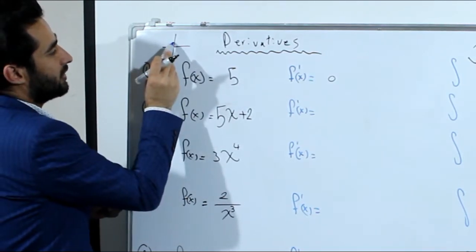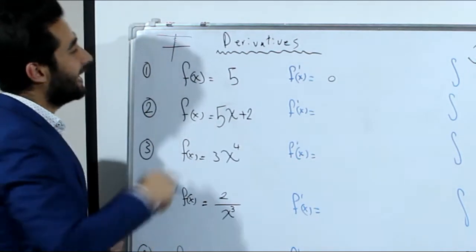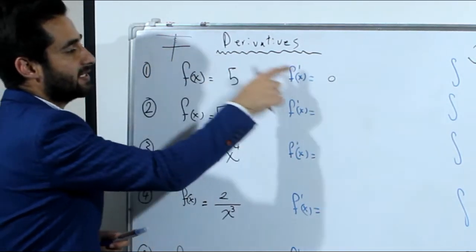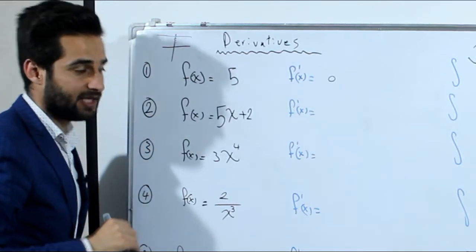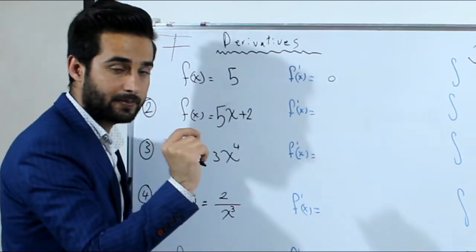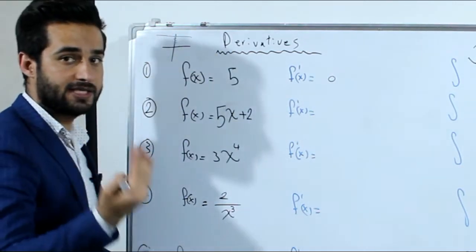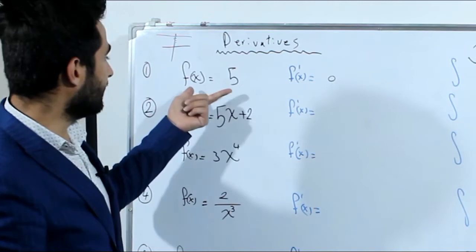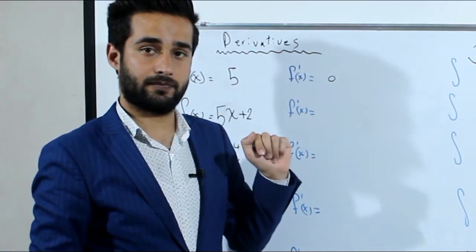It is on 1, 2, 3, 4, 5 on the y-axis, horizontal. And what is the slope of this? It is 0, because it is a horizontal line. Do you remember the slope? So derivative or slope, they are the same. Any number, its derivative is equal to 0.